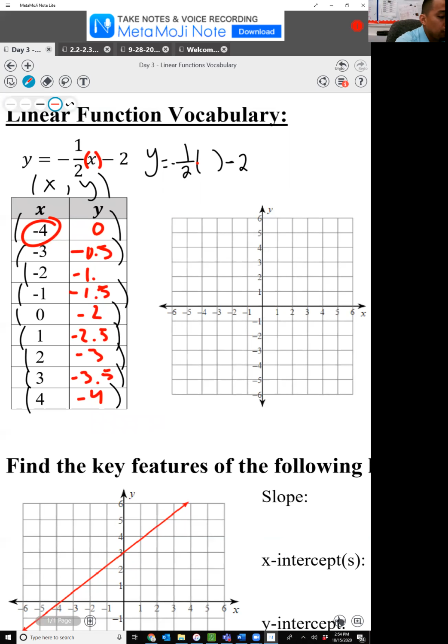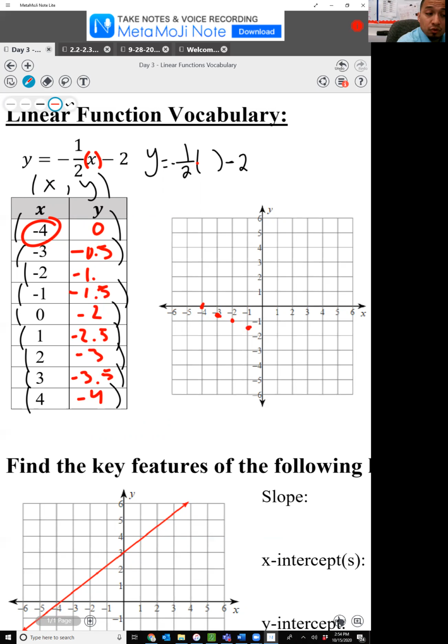Okay, so -4 comma 0, it's right there. -3 comma -0.5 means -3 to the left and then down -0.5 or half. -2 comma -1 is 2 to the left, 1 down, -1 down, -1.5, 0 comma 2.